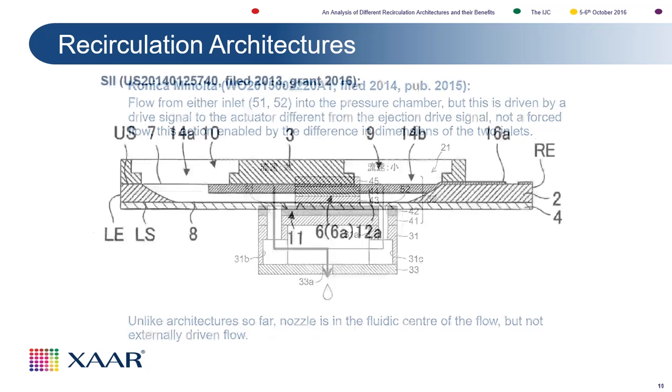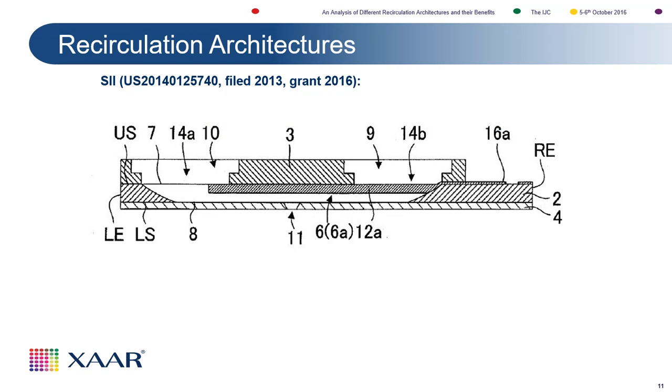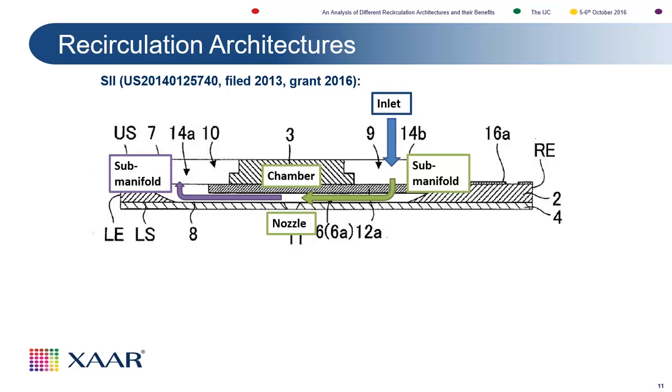This is probably better demonstrated in a patent from SII, which filed in 2007 and granted just this year. I'll just explain, this is a cross-section through the actuator, and you have the channels. This is the channel wall, and you can immediately see that it's a more open structure.